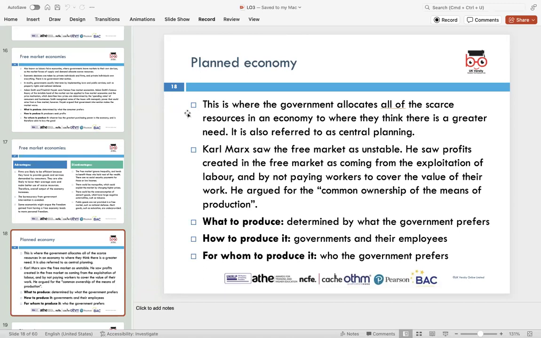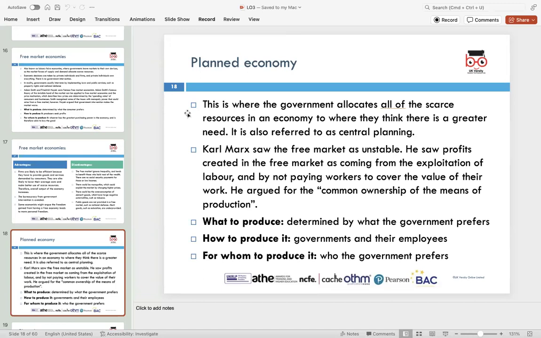According to Marx, the free market tends to be unstable. According to his perspective, the gains generated in the free market were the result of exploitation of labor and the failure to compensate workers for the worth of their effort. The common ownership of the means of production was the position that he advocated for.